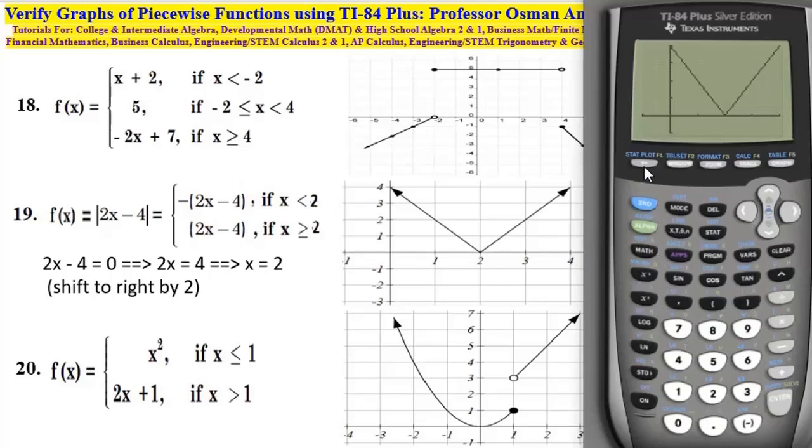Or y equals negative 2x minus 4, and this is valid for x less than 2.